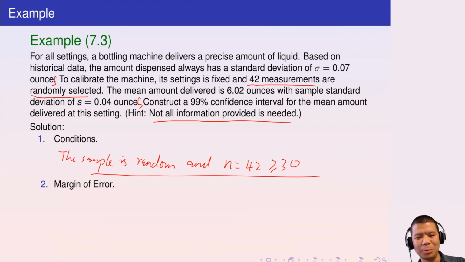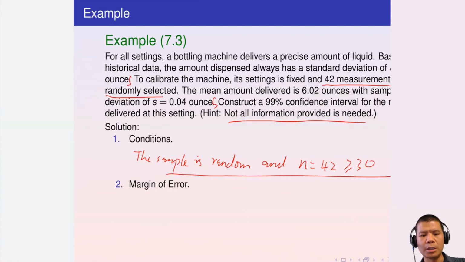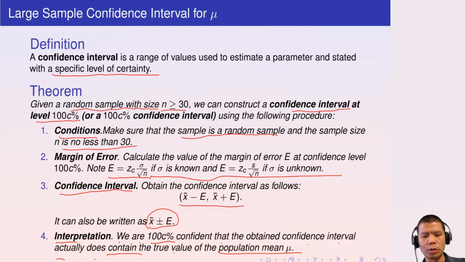Once we have the conditions, we need to find the margin of error. So be careful, we have two formulas. We use this one if sigma is known, otherwise we use the second one.